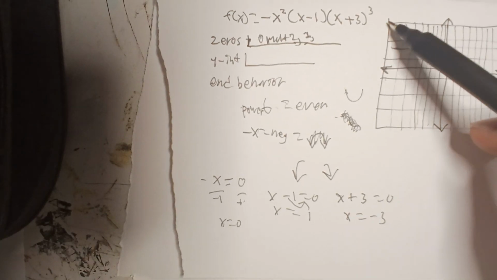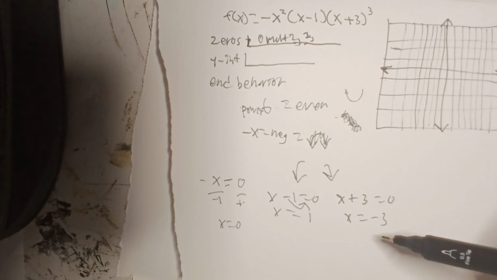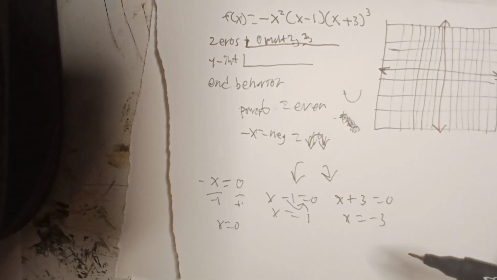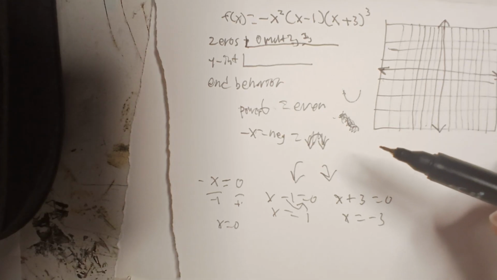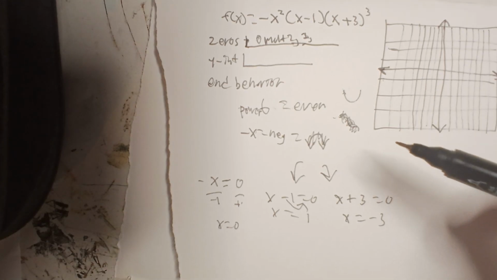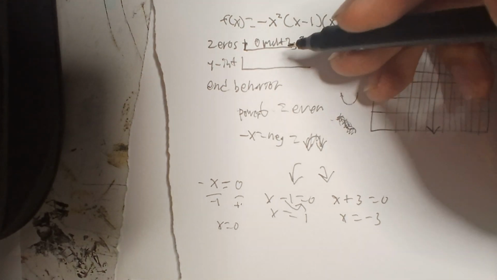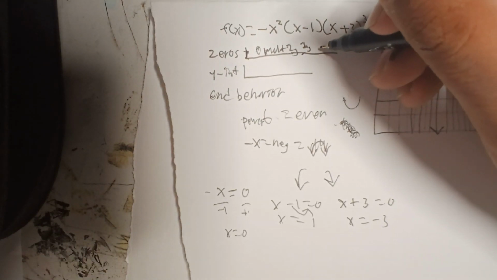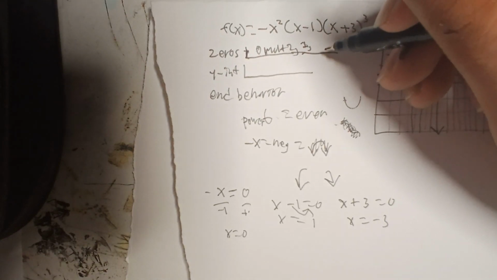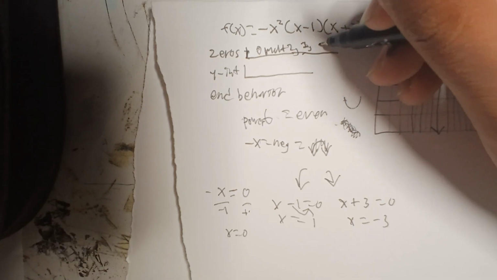Since it's the power of 3, there's gonna be 3 answers that are -3. So you write that like the other one, but instead of it being 0, it's a number this time. It's a negative, -3.